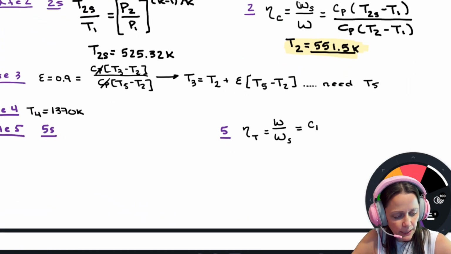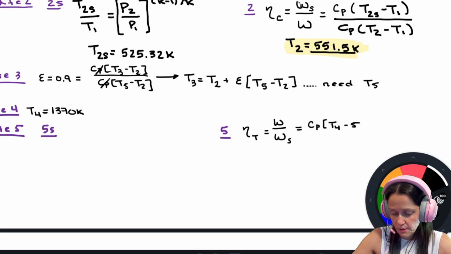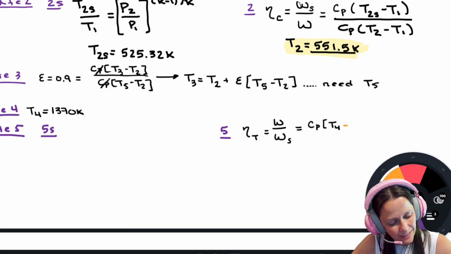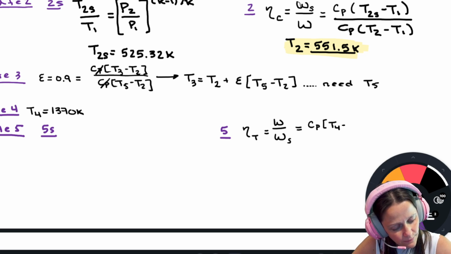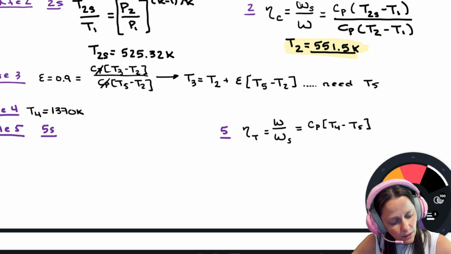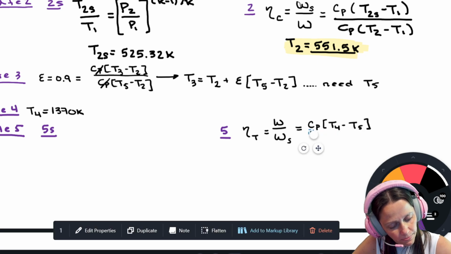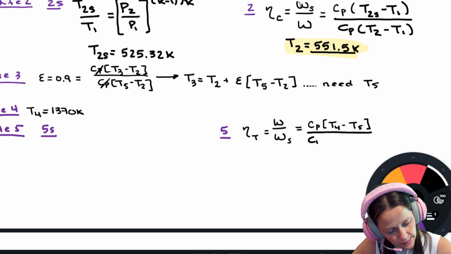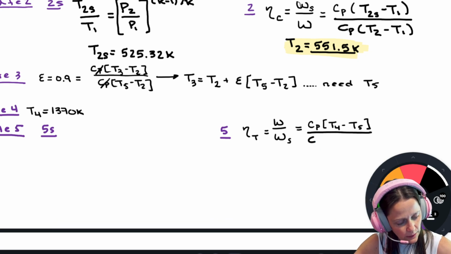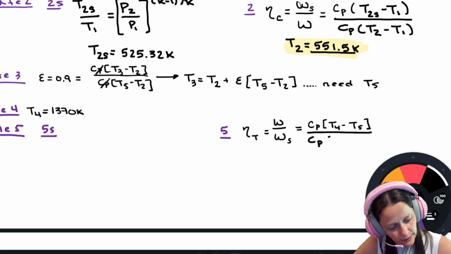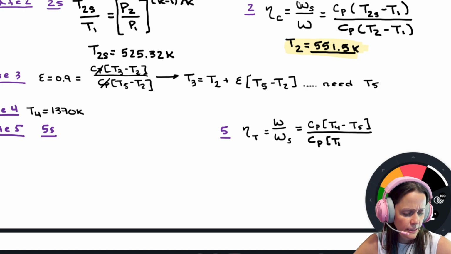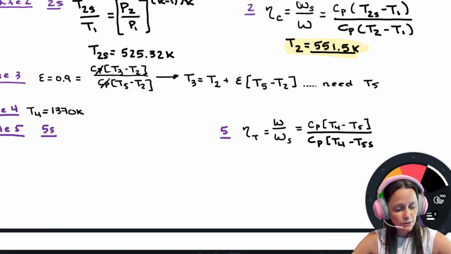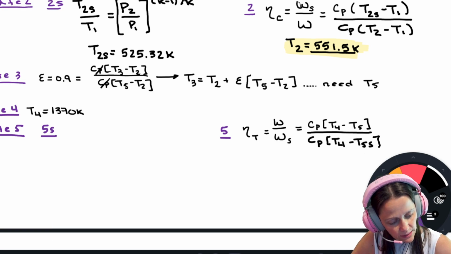So I got CP times T4 minus T5 over CP times T4 minus T5S. And of course, that means that we have to figure out what T5S is.